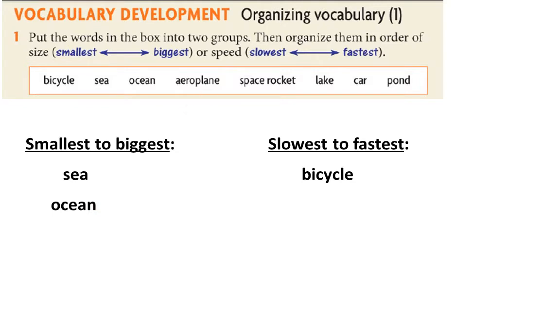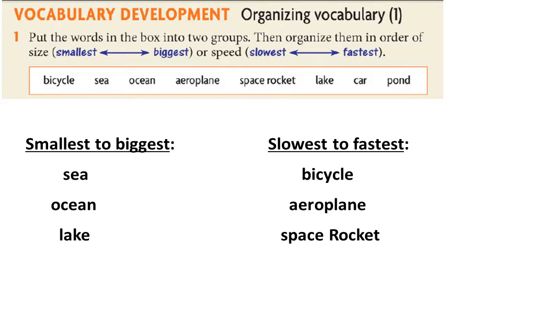Aeroplane is also something used in transportation and has speed, so it can go to the second group. Space rocket, the same, in the transportation group. Lake is related more to the first group.